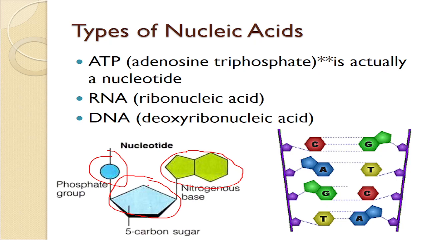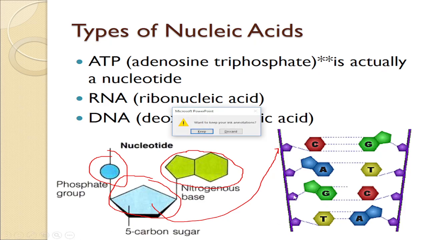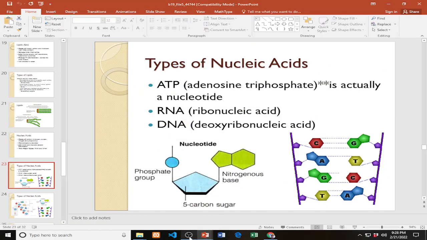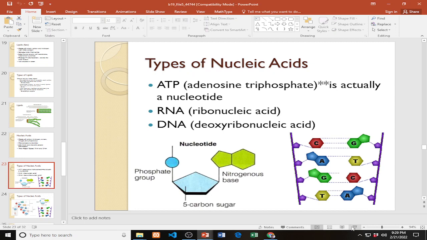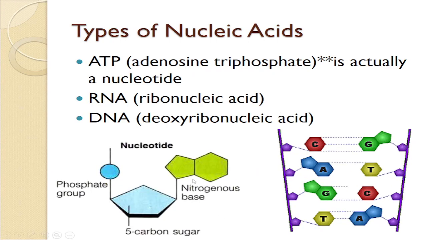Going back, this one is the nitrogenous base, this is the 5-carbon sugar, and this is the phosphate group.